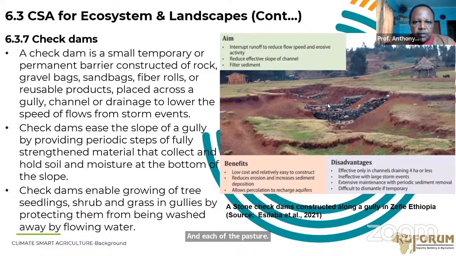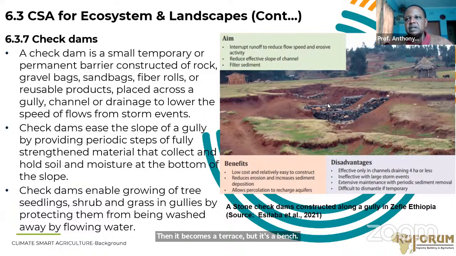Then there is an issue: am I correct in saying bench terraces is what we call here in Kenya fanya juu? Yes, I agree with you. So long as you create a bench onto which you can plant your crops within that slope, then it becomes a terrace, but it's a bench.